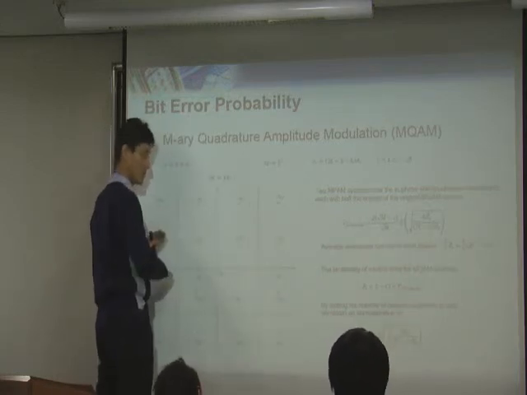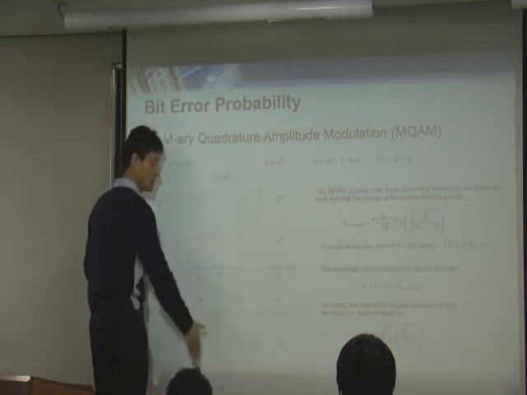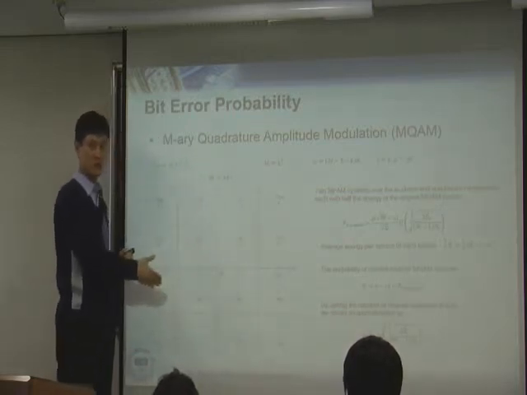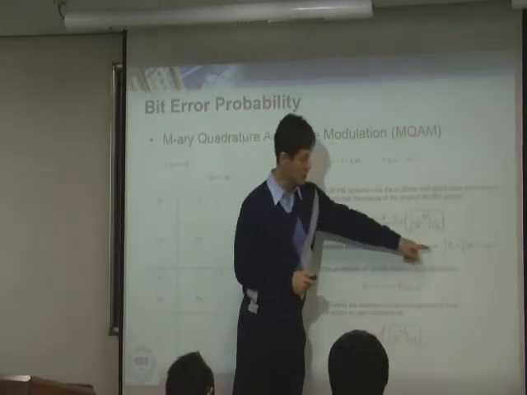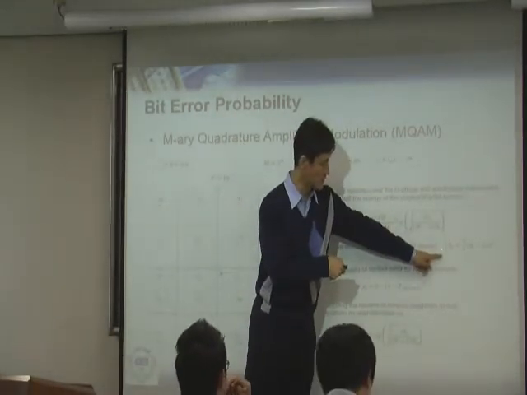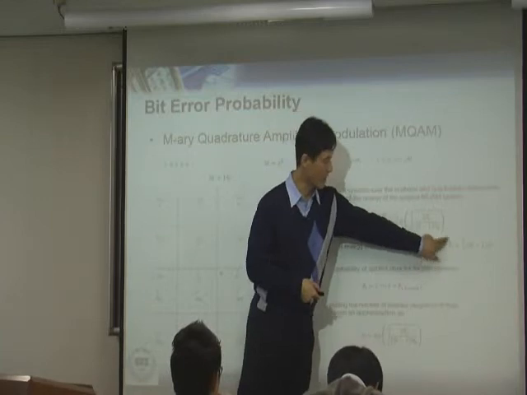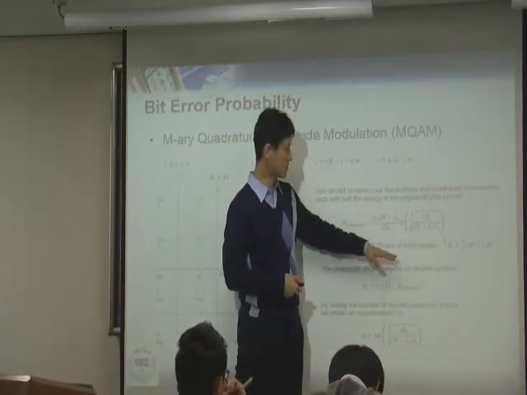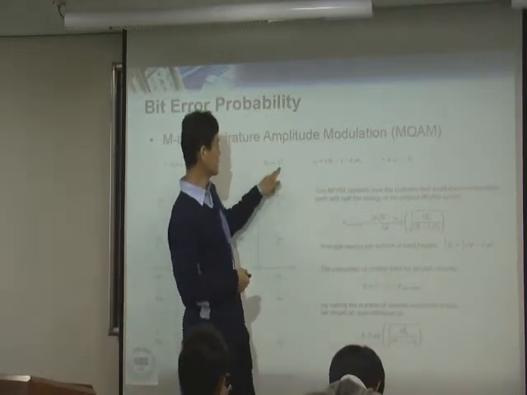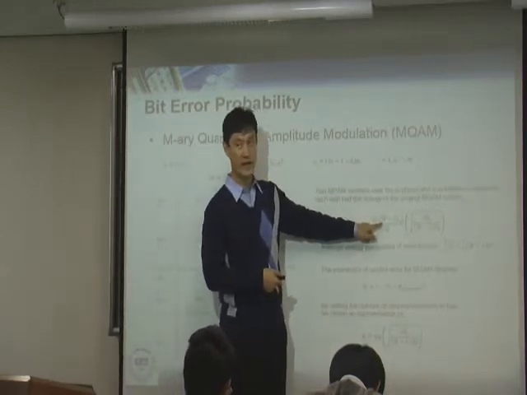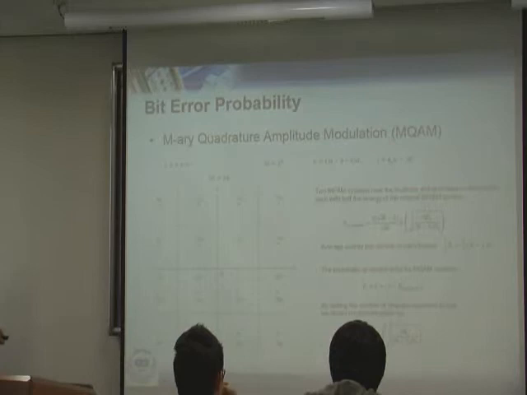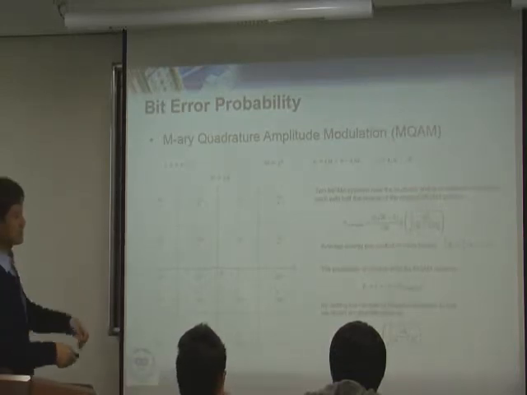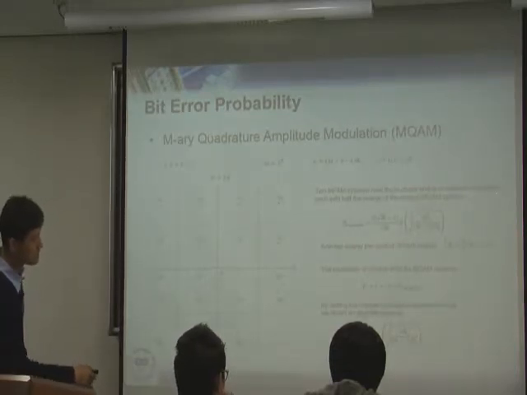Half energy on this pulse amplitude modulation, half energy onto the other pulse amplitude modulation. So each pulse amplitude modulation has half energy. So therefore you see the half right here. Okay? That's the only difference. You have half energy for each pulse amplitude modulation, and instead of L, you use root square M. That's the only difference compared to the previous pulse amplitude modulation. All the other things look exactly the same.